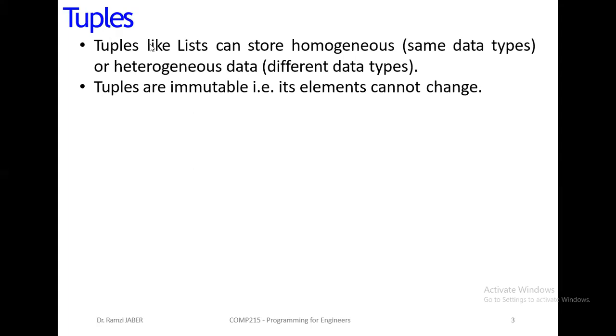We cannot change the elements inside a tuple, but we can change the elements inside a list. So the difference between list and tuple is that in a list we can change the element, but in a tuple we cannot change any element.